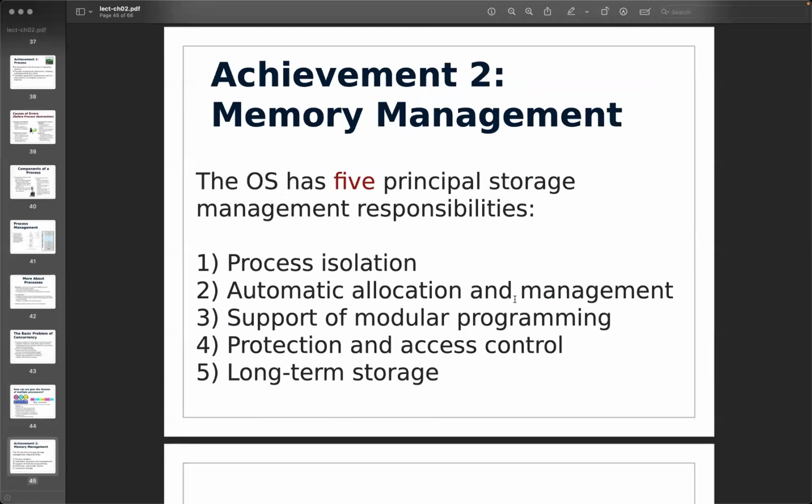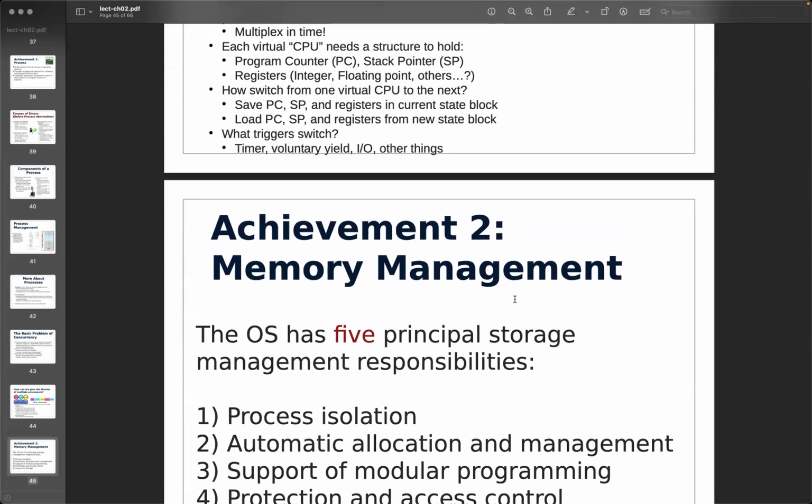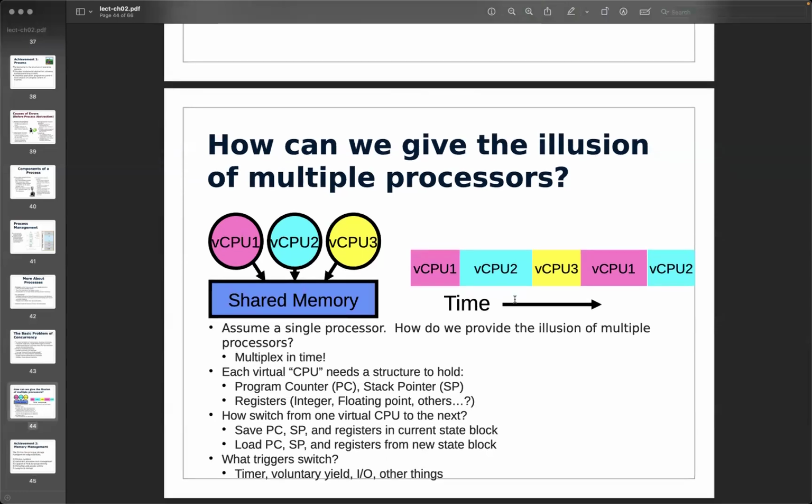Based on time, I'm not going to the second part about memory management. We'll start with the processors right here.